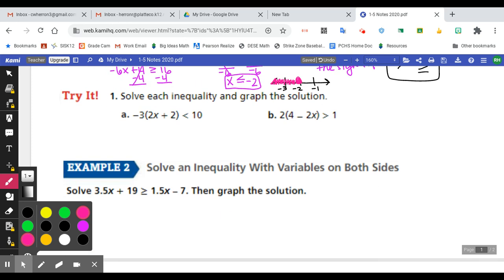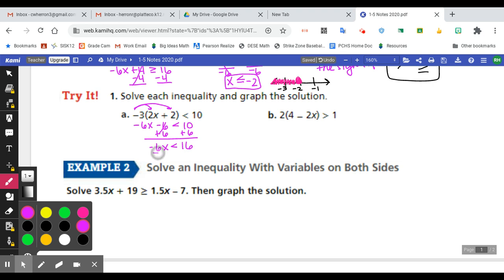Okay, so pause and see if you remember how to do the next two. We've got -6x minus 6 is less than 10. Add 6 to both sides, and we get -6x is less than 16.